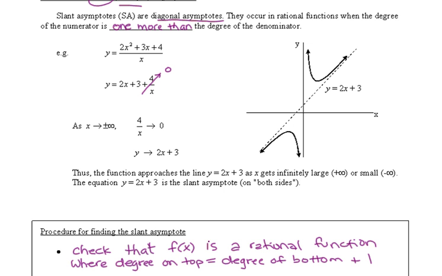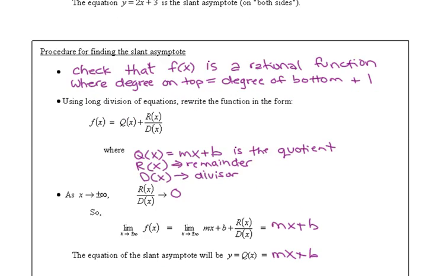What if it's not? Then we don't have a slant asymptote. As x approaches positive or negative infinity, it's mx plus b plus r over d, which equals mx plus b. This approaches 0 because the divisor has a variable x and the remainder is a number, and remember, our limits at infinity would be 0.